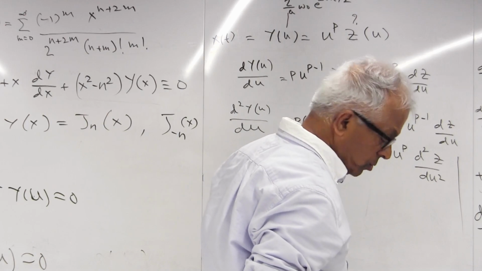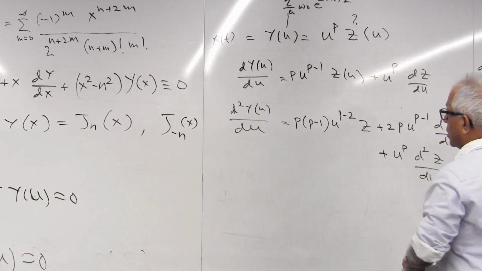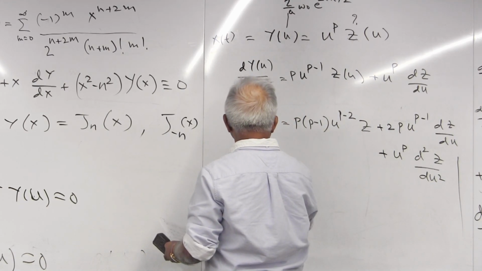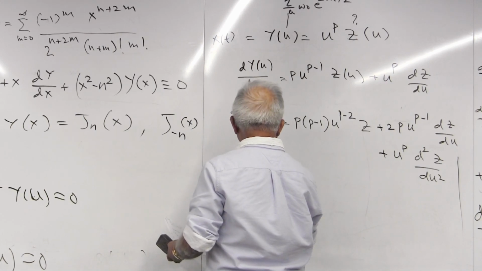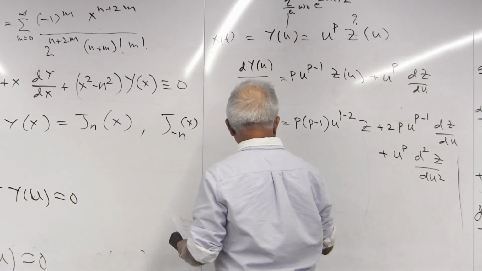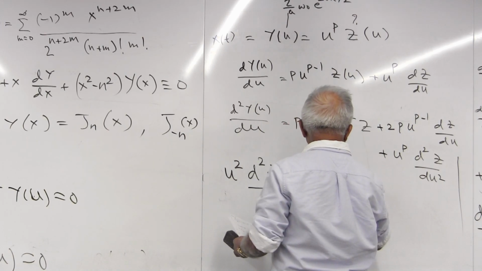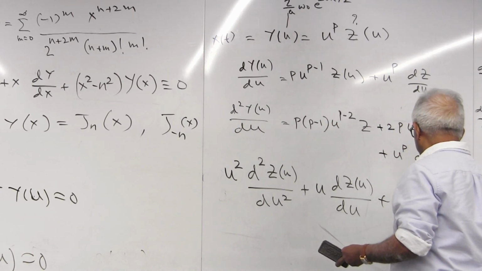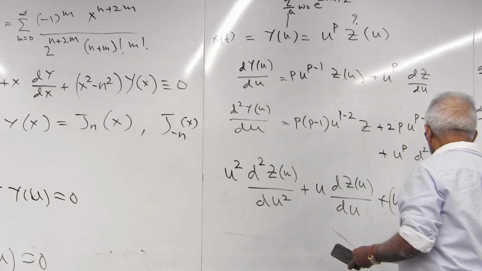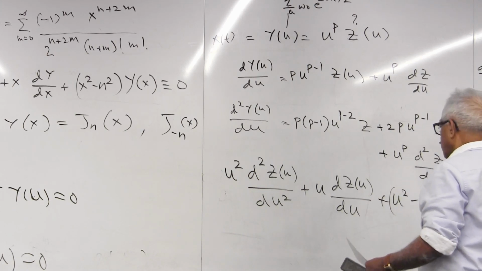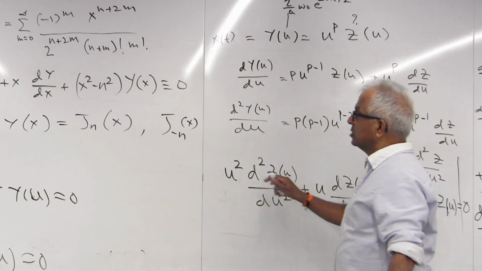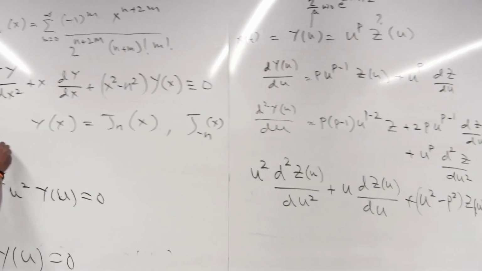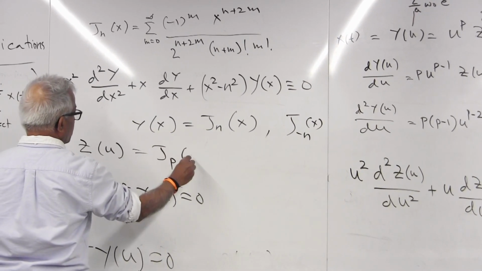You just need to substitute those two, and you'll get u squared d squared z by du squared plus u dz by du plus u squared minus p squared multiplied by z(u) equal to 0. You notice this is the same as Bessel's equation. So we get z of u is actually J p of u.